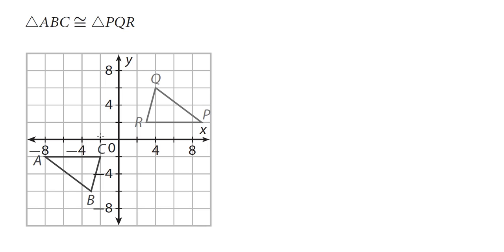So now we have to be kind of like a detective. We have to figure out what sequence of transformations would take point A from here and bring it all around here where point P is. They correspond.